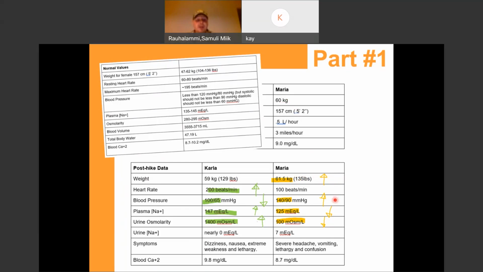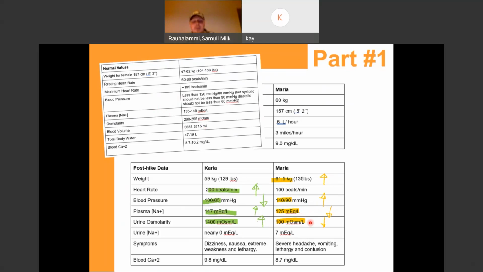We also see that Maria's blood pressure, which is 140/90, is elevated. That's higher than what it normally should be, so that's a high value. If we look at Maria's plasma concentration, that's 125, whereas it should be between 135 and 145. So that's definitely a decreased plasma concentration, on the lower side.